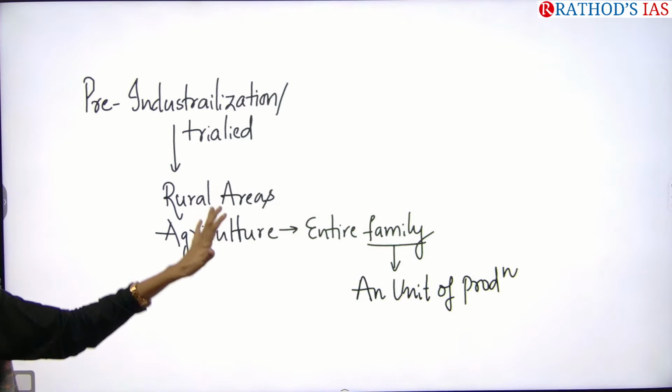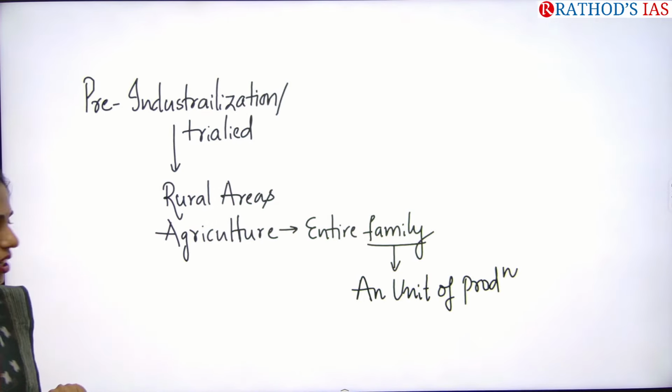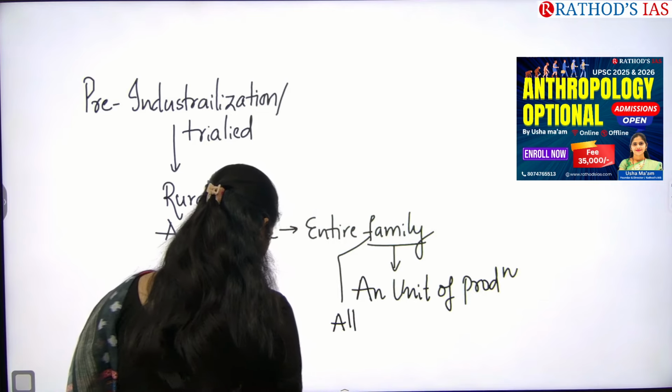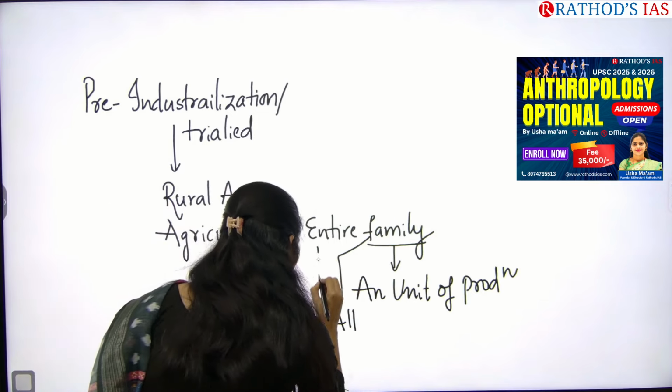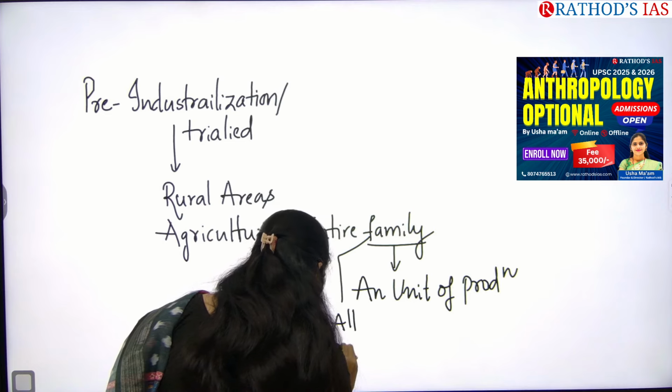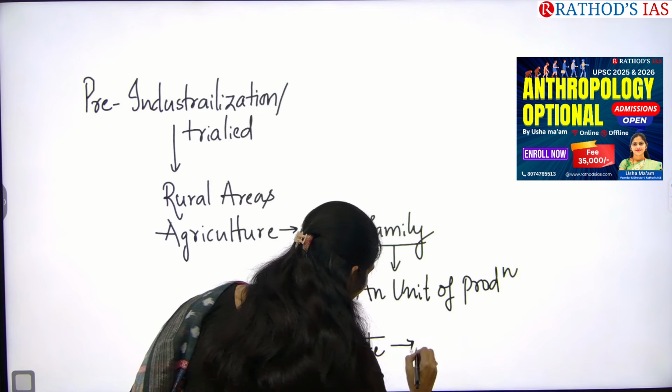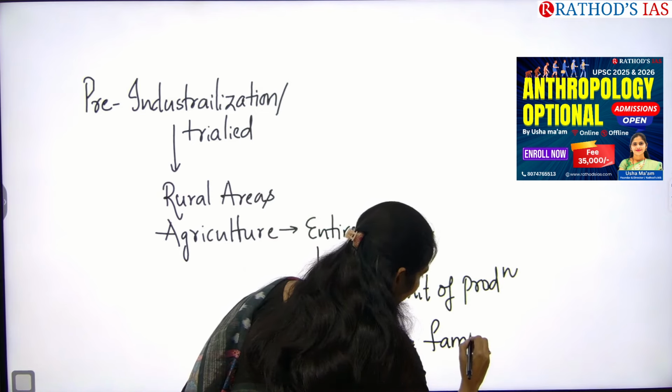Why am I saying the entire family is a unit of production? Because all members are involved in this activity. And next, all persons will contribute to the entire family's livelihood.